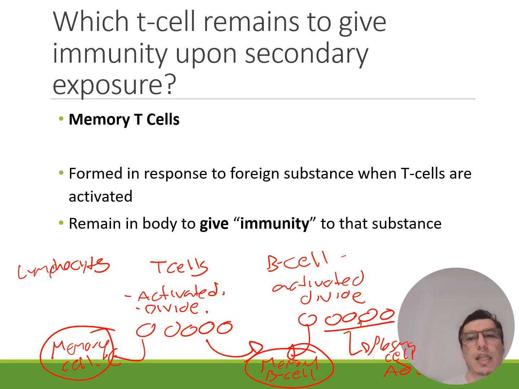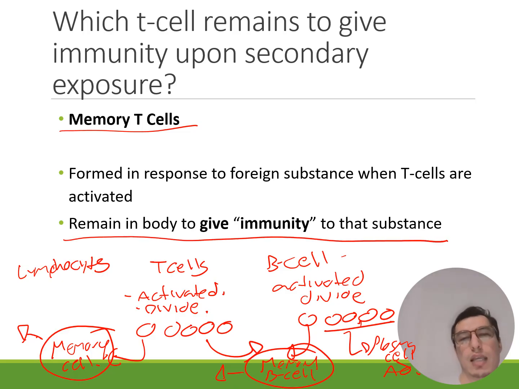But the circulating memory B cells and T cells will stay in your body for a long time, and this is what is going to give you long term immunity, because when this memory B cell in the future becomes stimulated, it will be a lot easier than to retrain your immune system all over again. So these memory T cells in this case are going to give you immunity towards a substance or a specific pathogen.